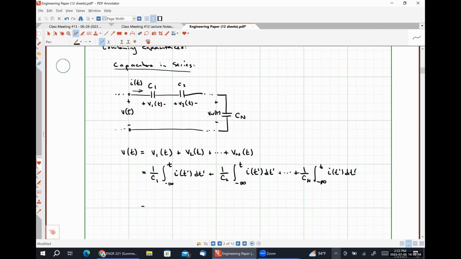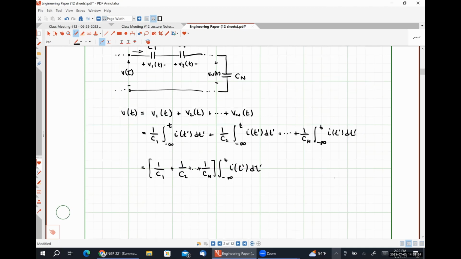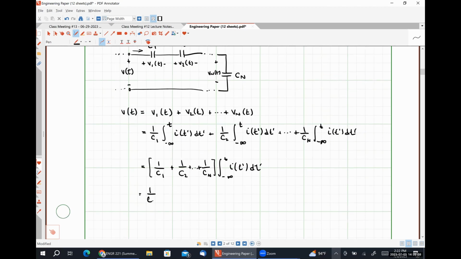And I can lump all those integrals together because they're a common factor, which is going to give me 1 over C1 plus 1 over C2 plus 1 over C3, or excuse me, C sub n, times the integral from negative infinity to t of I of t prime dt prime, or 1 over C EQ times the integral from negative infinity to t of our current.